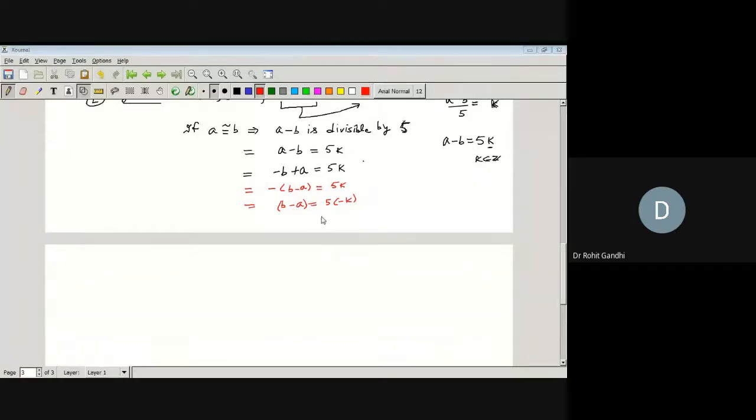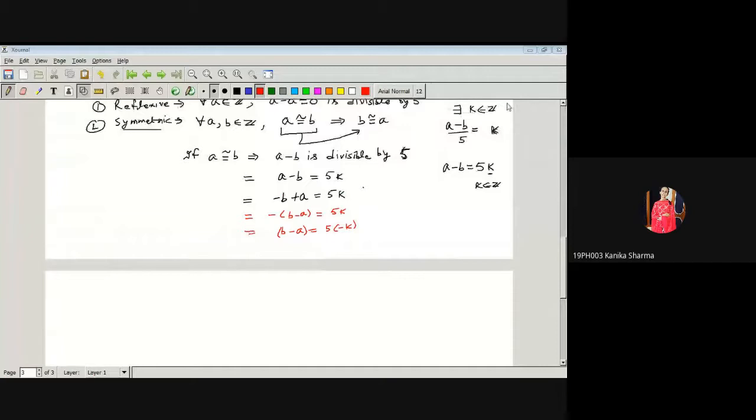Can I say that b minus a is divisible by 5? Yes, sir. Why? Because 5k is a multiple of 5. That means, is it a multiple of 5?